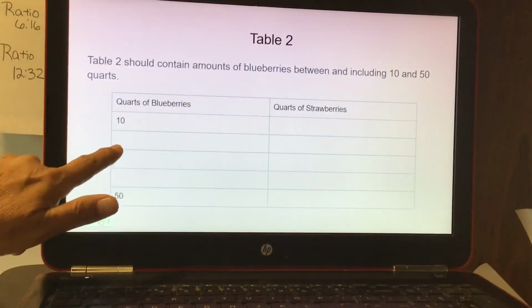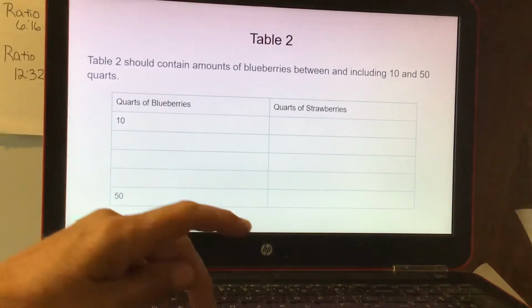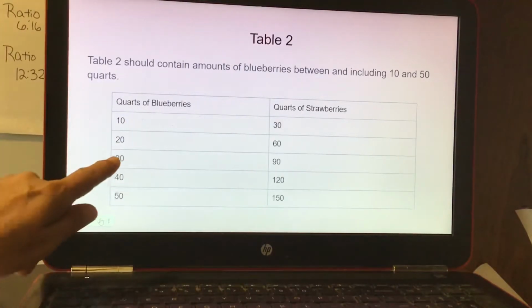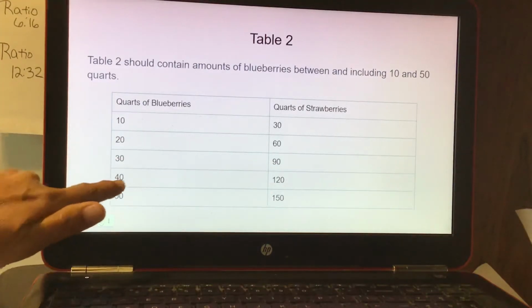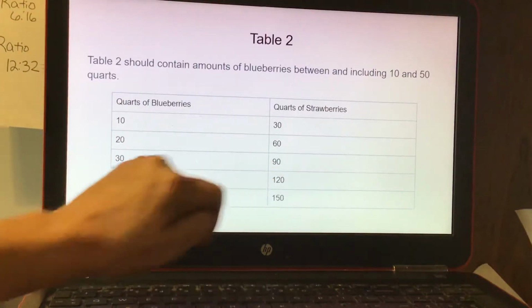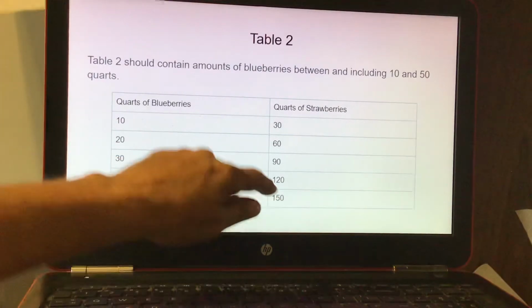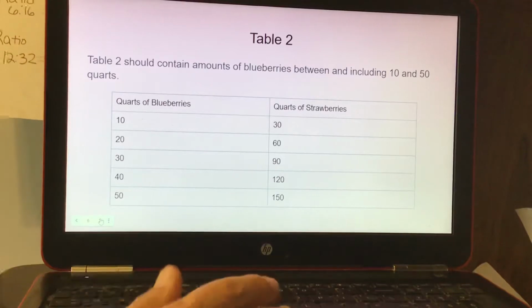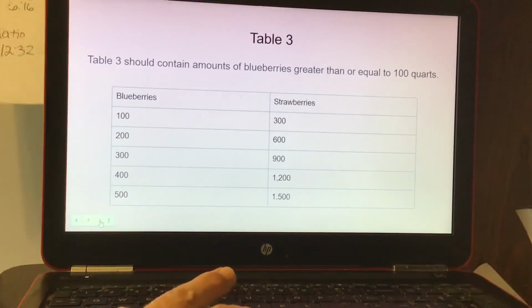If there's 20 quarts of blueberries, there's 60 quarts of strawberries, right? And if there's 30 quarts of blueberries, there's 90 quarts of strawberries. If there's 40 blueberries, 120 strawberries. And if there's 50 quarts of blueberries, you have 150 quarts of strawberries. Must be a lot of people who want fruit salad.